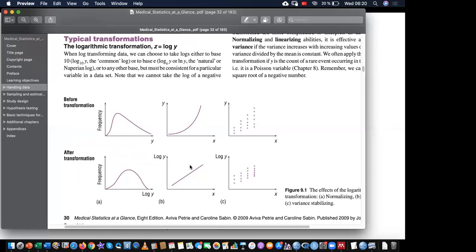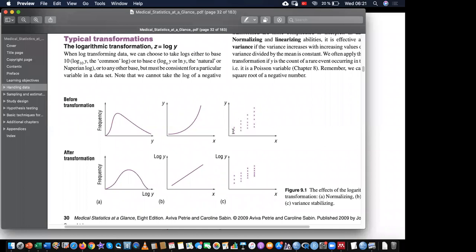So, as you see here, before transformation, if you have this kind of parabolic curve, and you take the logarithm of it, this is logarithmic transformation, it becomes linear. It helps linearization.